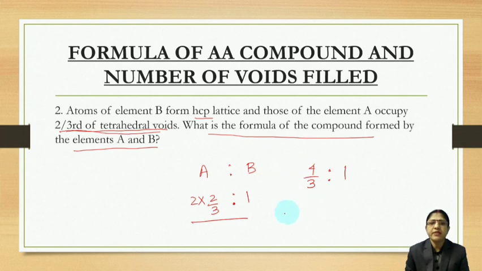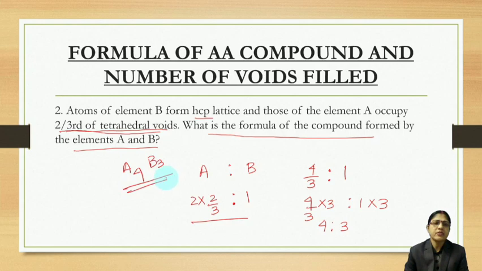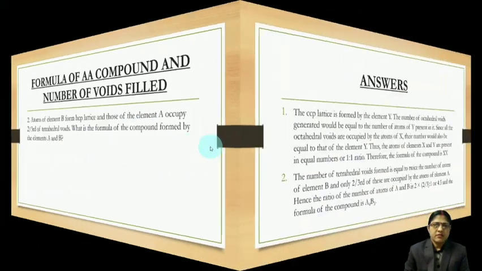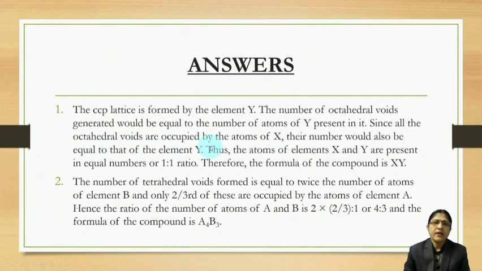If you multiply both by 3, you will get 4 is to 3. So the formula of the compound will be A4B3. Right? Clear? So these are the answers of these two questions.